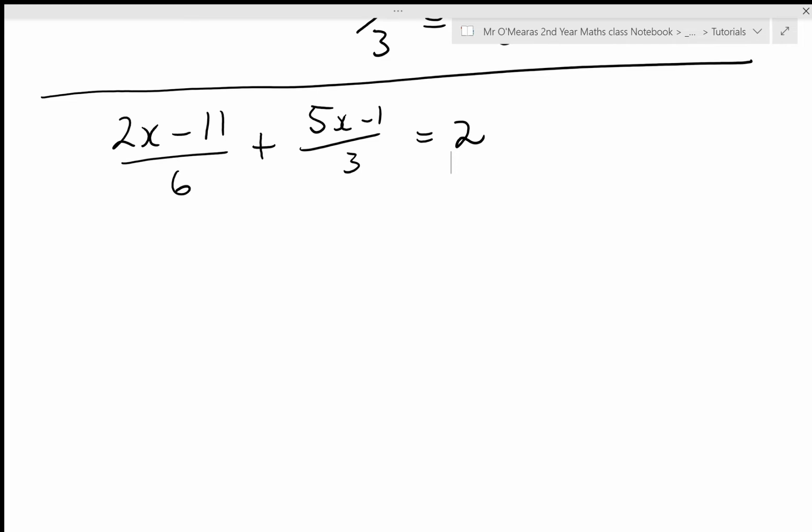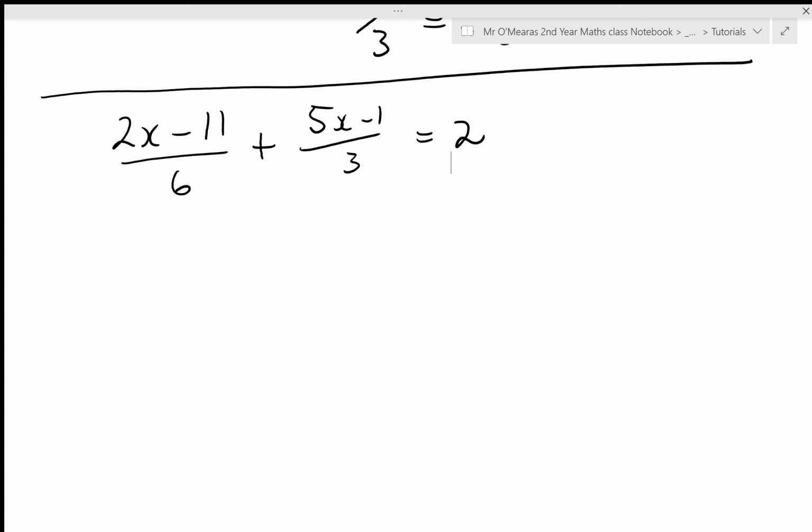Like previously when we had brackets, when you have a fraction, the fraction locks in the x's, so we can't move them around freely. So when you have fractions, you're trying to eliminate them, just like eliminating brackets, to allow you to freely move around terms, so you end up with x equals whatever number.